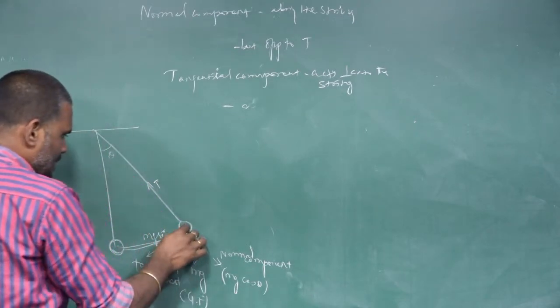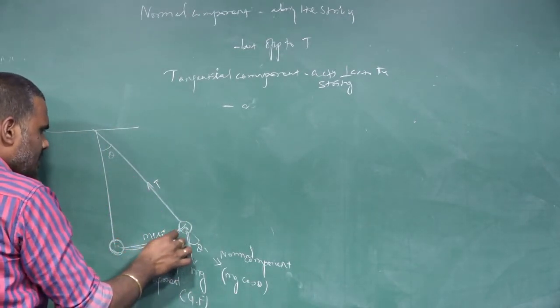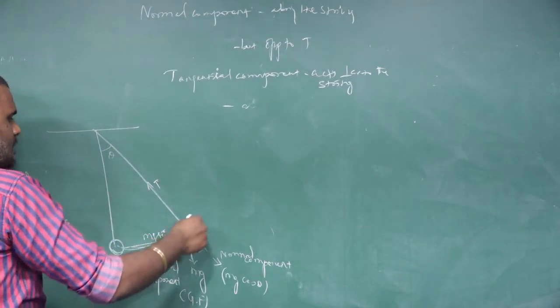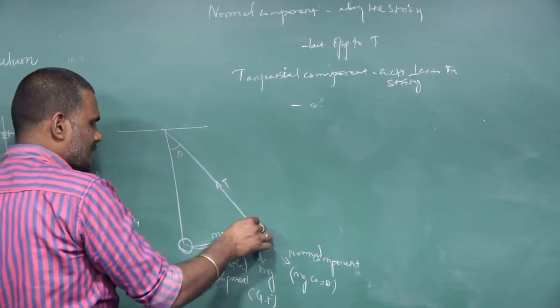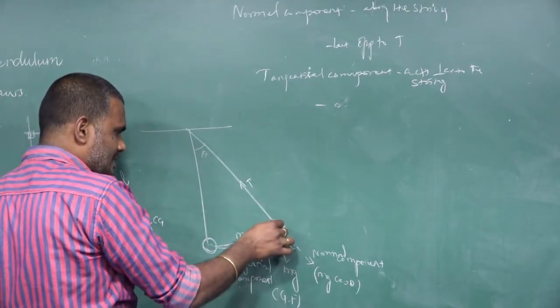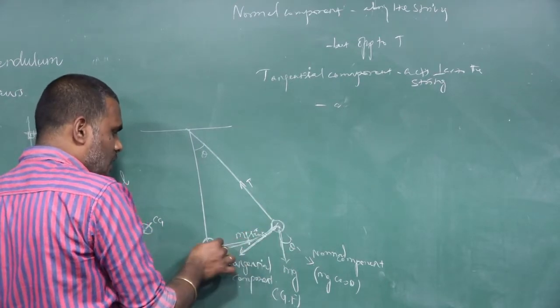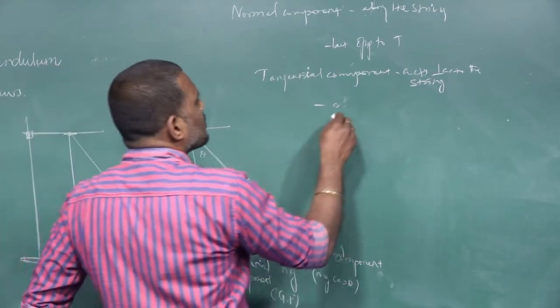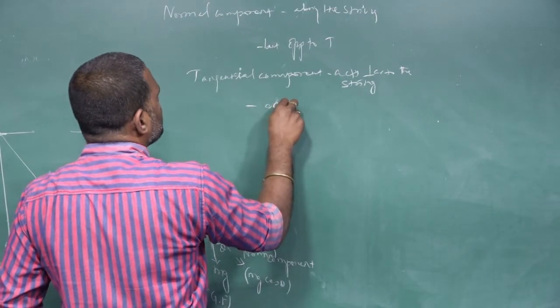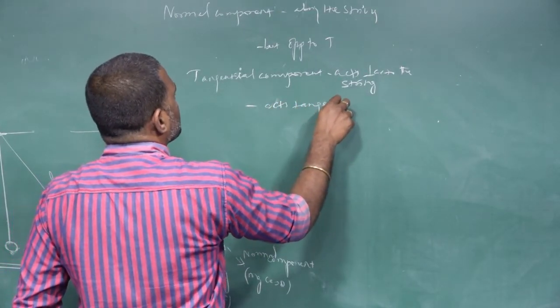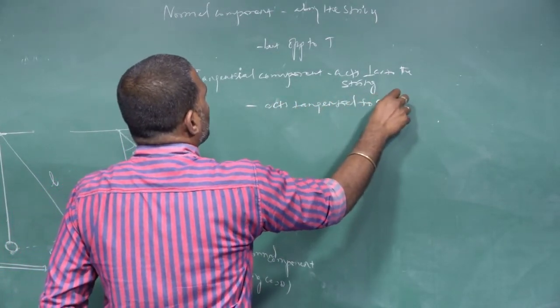This is the arc made by the simple pendulum as it is displaced from its mean position. So the tangential component acts tangential to the arc length of the pendulum.